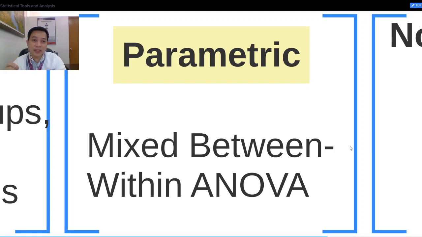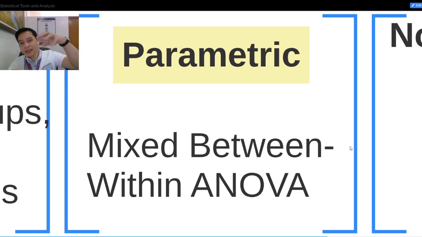The measure is repeated. So you call it repeated measures ANOVA. The second type of ANOVA that we previously discussed talks about several groups, but one test given once to this group. That's why you call it the one-way or one-factor ANOVA.